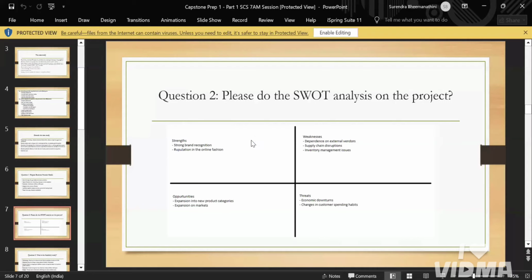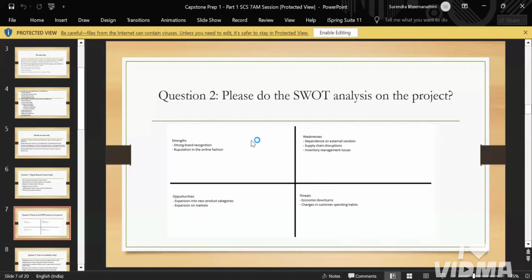The opportunities are expansion into new product categories and new markets. And the threats we need to point out are economic downturns or changes in customer spending habits. So you need to note down all these things based on the case study.